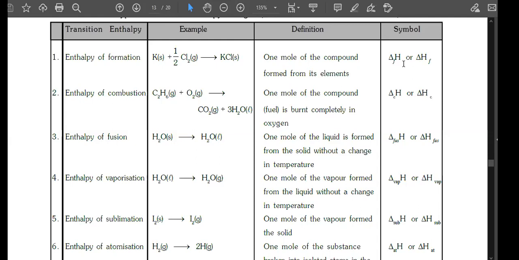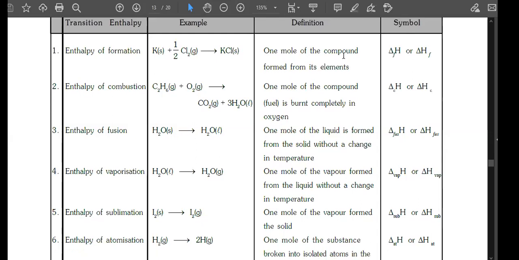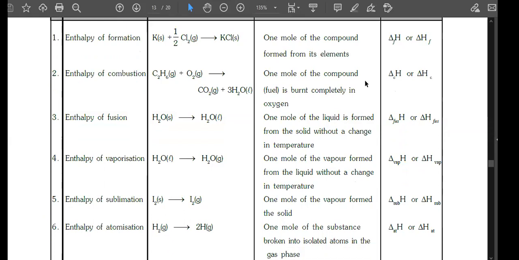We studied enthalpy of formation, enthalpy of combustion, enthalpy of fusion and vaporization, which is enthalpy of phase transformation. Then enthalpy of sublimation. Again, it is phase transformation. These 3 are enthalpy of phase transformation: fusion, vaporization, sublimation.